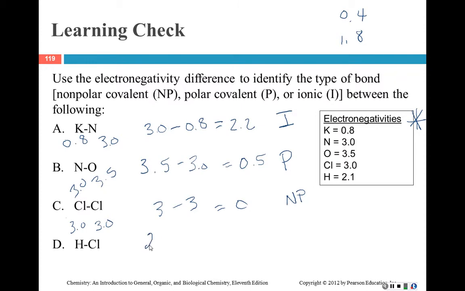Hydrogen is a 2.1, and chlorine is a 3, so 3 minus 2.1 equals 0.9, and so that's going to be what? A polar covalent bond, because it's greater than 0.4, but it's less than 1.8.